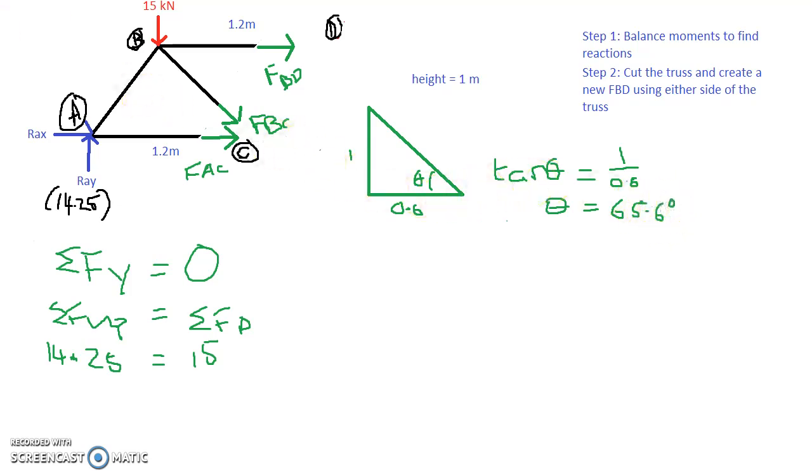Okay, now we can use that. We use the same triangle here, but that angle is there. Now this is FBC in this direction. So if I want the vertical component of that, this is going to be FBC sine theta.